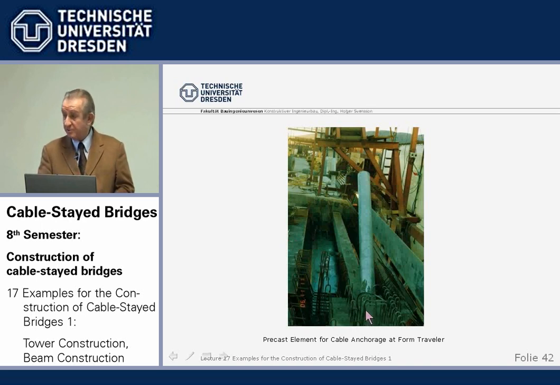And then, of course, we also have the horizontal component from the stay cable. We have to cater for that as well. So we had a precast strut, a precast beam from here touching the already erected beam.